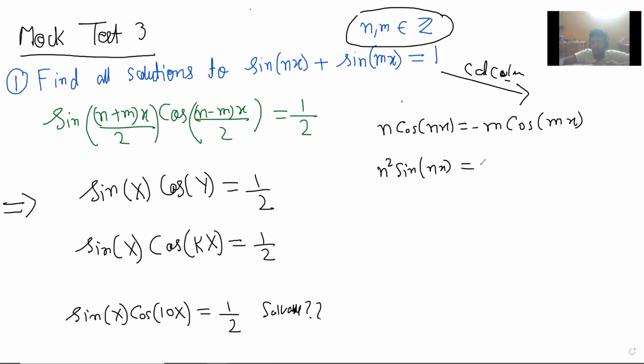But that will not matter. So then I can replace sine nx in this. Please correct me if something is going wrong. Immediately say it. So this becomes minus m square by n square.